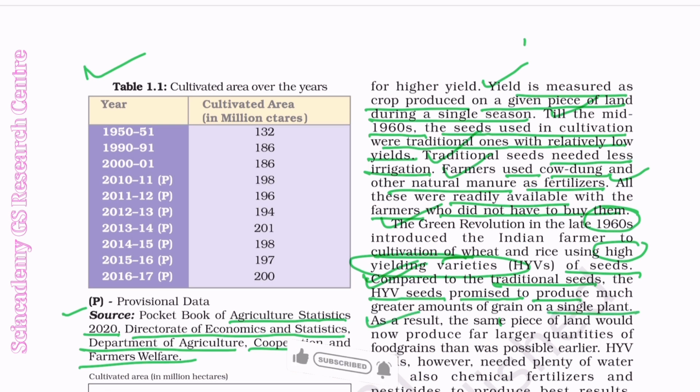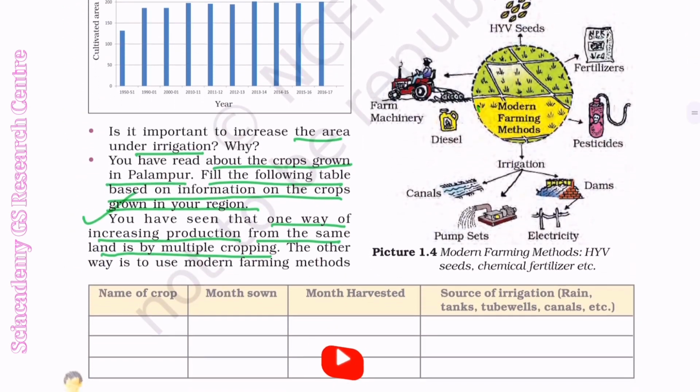As a result, the same piece of land would now produce far larger quantities of food grains than was possible earlier. HYV seeds, however, needed plenty of water and also chemical fertilizers and pesticides to produce best results.